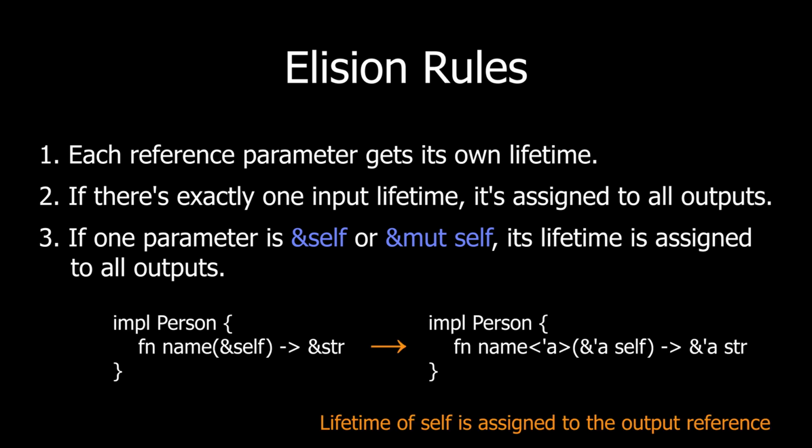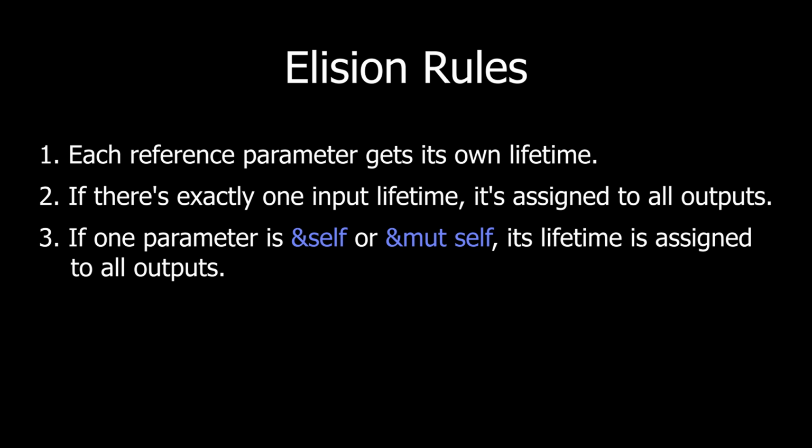This means that for types where self is used, like structs and enums, the output lives as long as that instance of the type lives. So these are the rules where the lifetimes do not need to be written. For all other conditions, we need to write lifetimes explicitly. That's how dangling references do not occur in Rust.